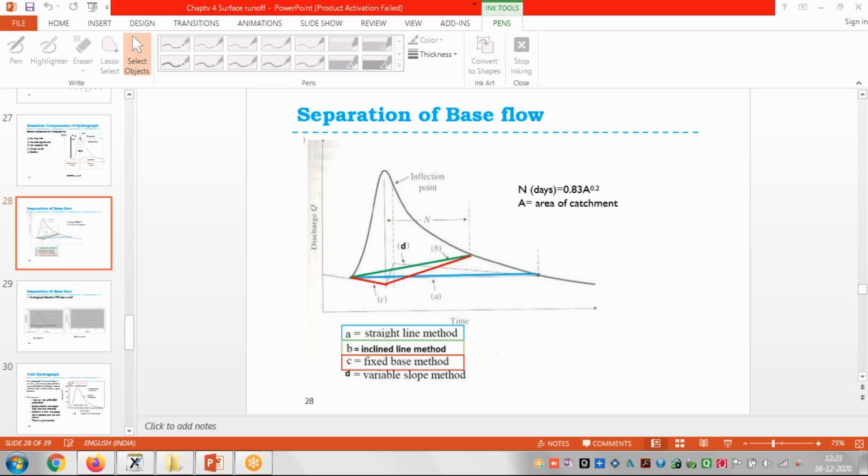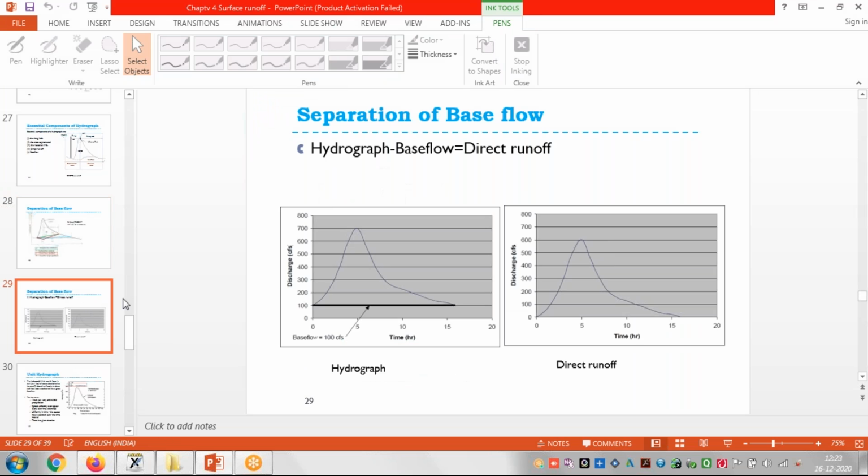Now, the same thing which I talked to you about, the direct runoff hydrograph and the flood hydrograph. This is our flood hydrograph, right? And this one is our direct runoff hydrograph.